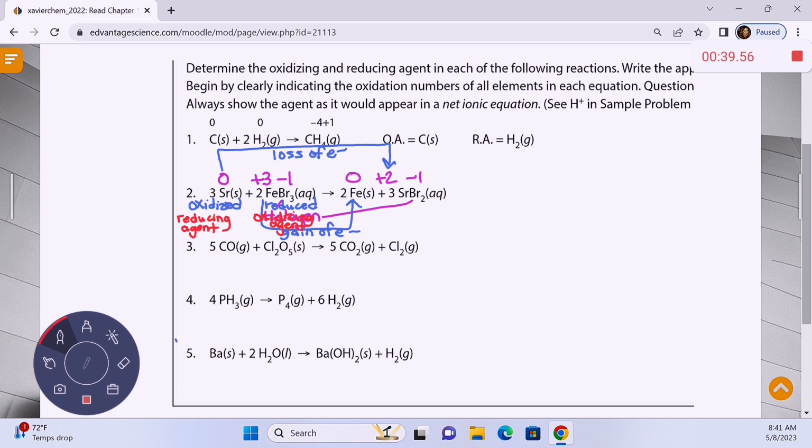You can abbreviate these things as RA for reducing agent, and you can abbreviate oxidizing agent as OA if you'd like. Now, technically, if you have an ionic compound like FeBr3, technically the Fe +3 is reduced. Does that make sense? But if it's a molecular compound, you have to state the whole thing because it doesn't break apart into ions. So why don't you guys do number 4 and let's see what you come up with.